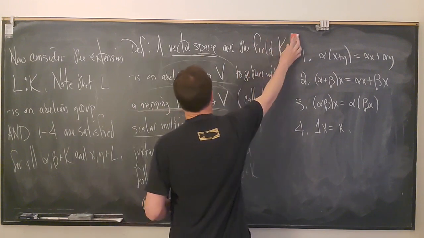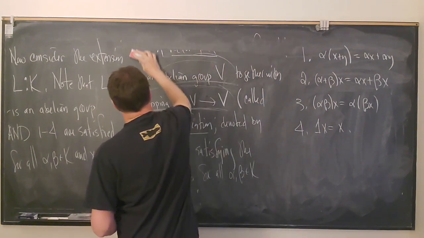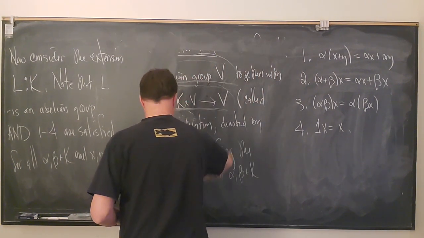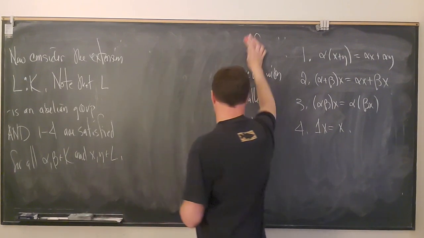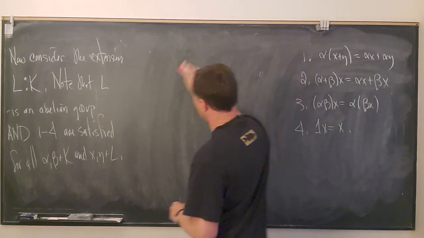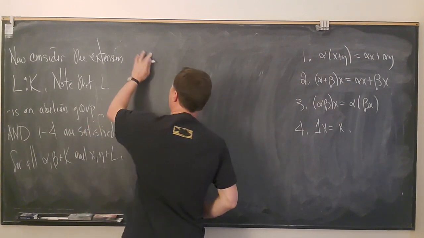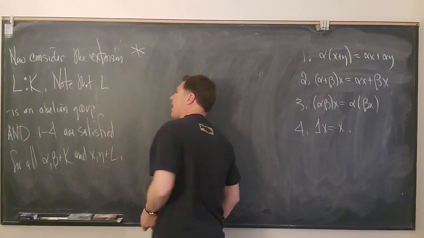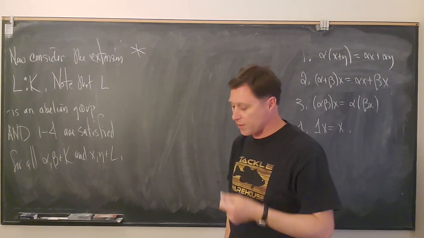And so this is one of the amazing facts of field theory. I'll put some stars around this statement. It's really just an observation. I'm not even going to label this as a theorem.